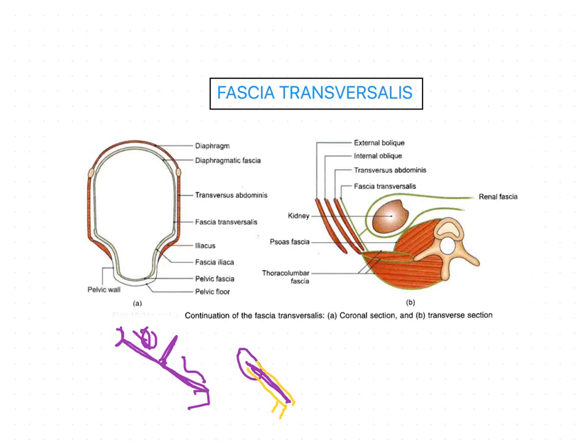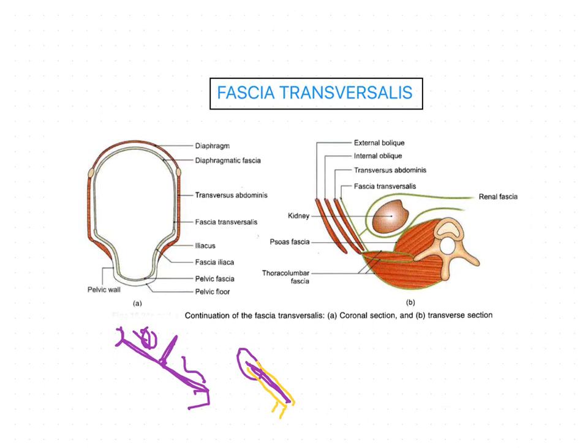Coming to the relation to vessels and nerves of the fascia transversalis, the main arteries of the abdominal wall and the pelvis lie inside the fascia transversalis, while the main nerves are outside.